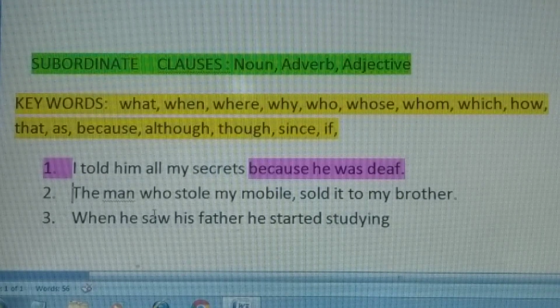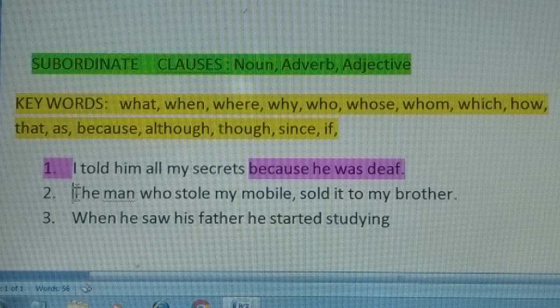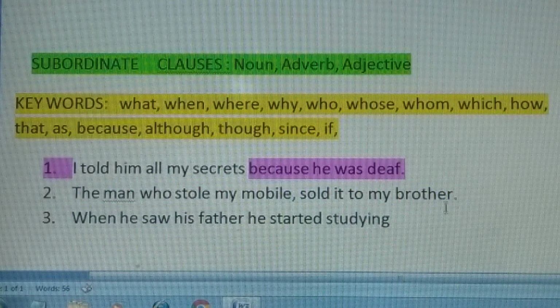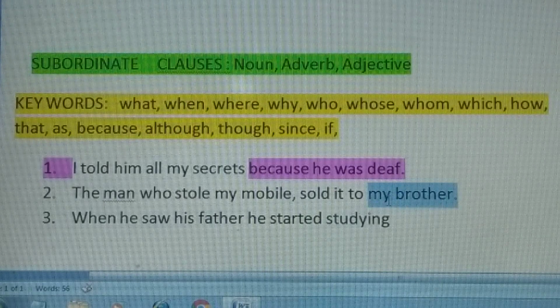So, the man who stole my mobile sold it to my brother. Past tense of sell, sold it to my brother. Well, is there any word in this sentence which is from the list of the keywords? Let me check.